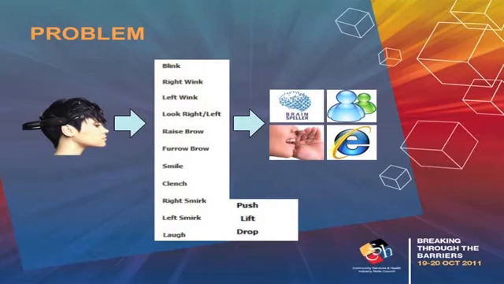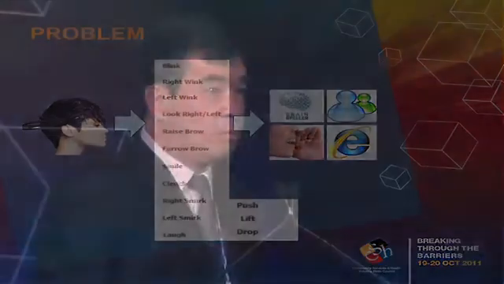And the problem is, if we can recognize those actions, how can we use them to do something for communication? Can the user convert those actions to typing text, browsing the web, controlling a computer, or controlling a wheelchair? That is what we are doing.